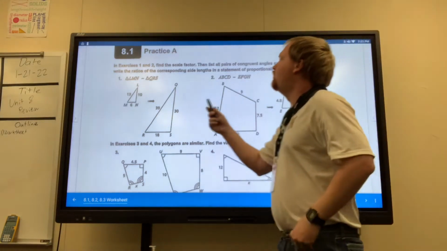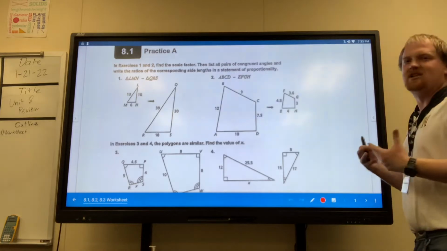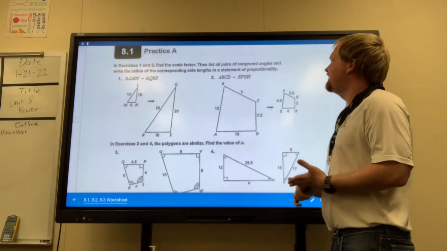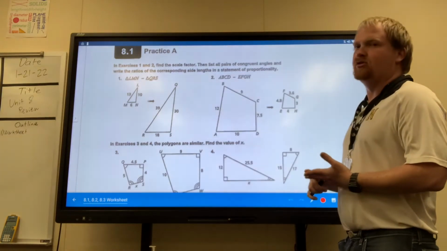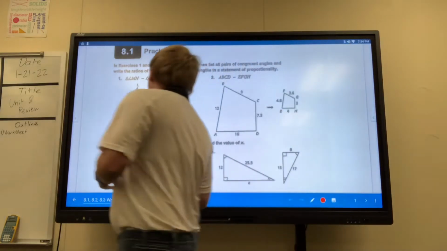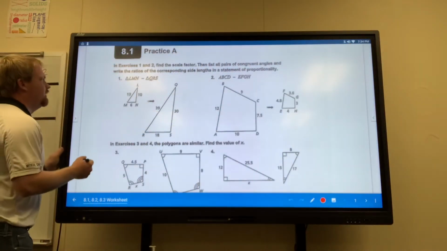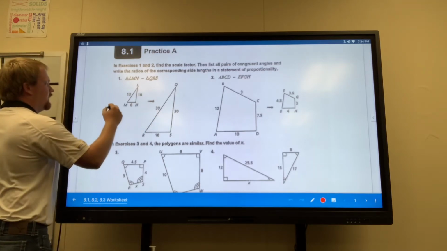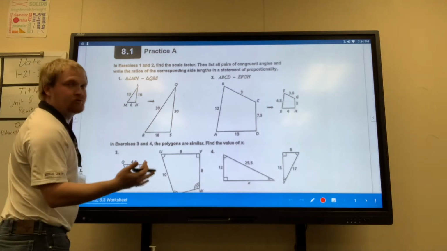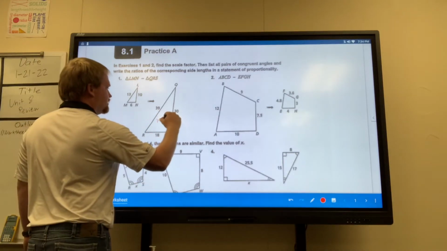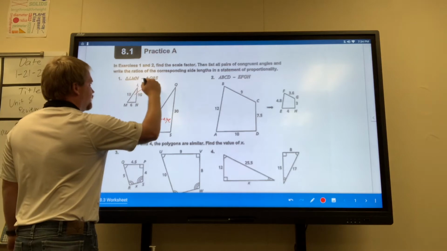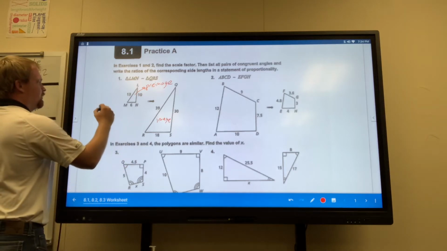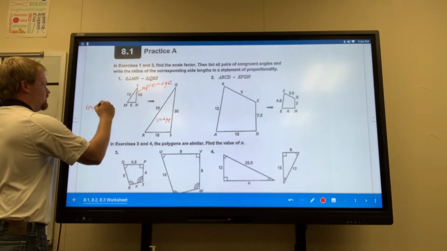For example, on number 1, we want to be able to find the scale factor and the corresponding parts, as far as corresponding sides and the angles that are congruent to each other. So let's look at number 1 real quick. I'm going from small to big, but remember, when we do scale factor, we want the image over what we call the pre-image.